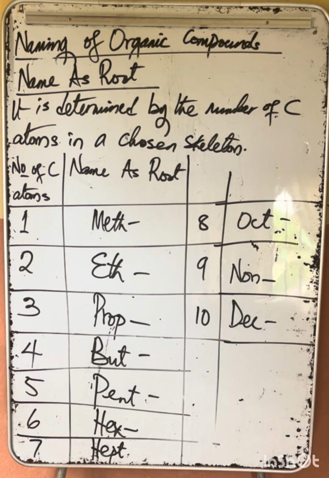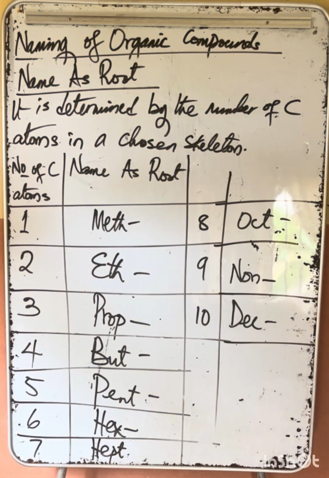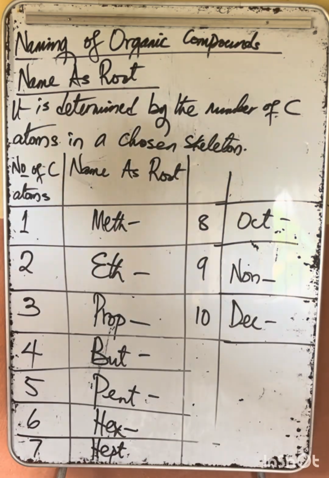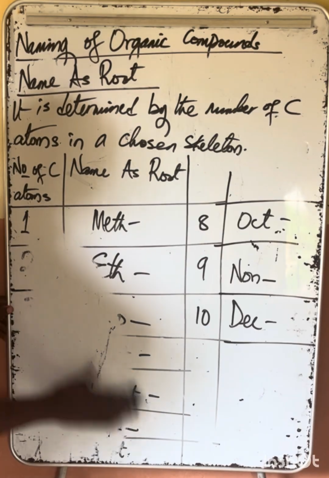If you also notice, the names as root have hyphens written in front because they are not complete words. They are part of a word or a name in this case. This is how we name our root based on the highest number of carbon atoms in a chosen chain or carbon skeleton. That being said, let's go to name as suffix.